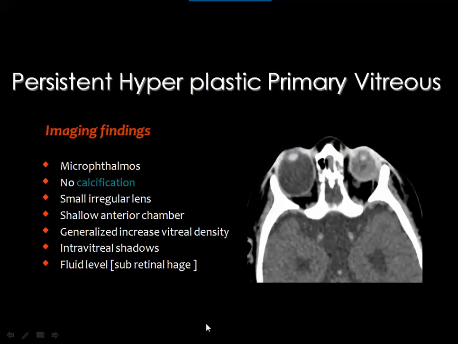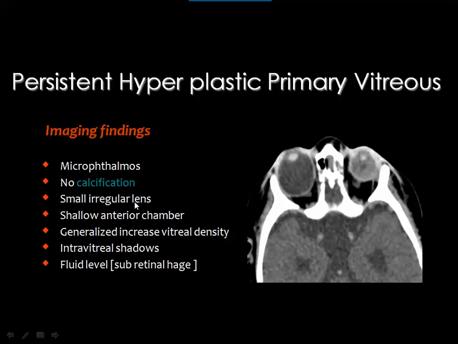If you look at the manifestations of this disease, you can see the globe is small, the globe is white, the lens is distorted compared to the normal appearance, and there is no calcium inside the globe. This is a congenital disease.